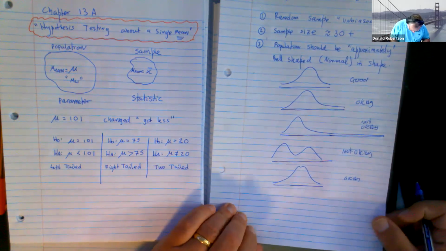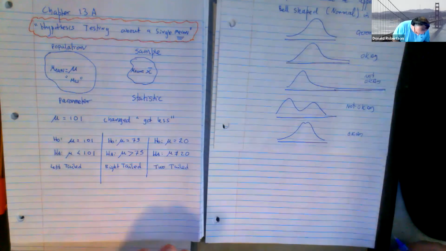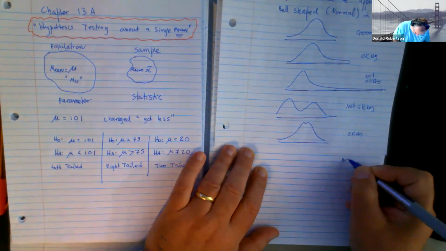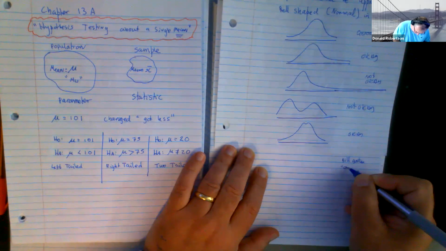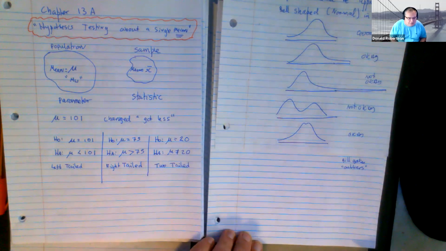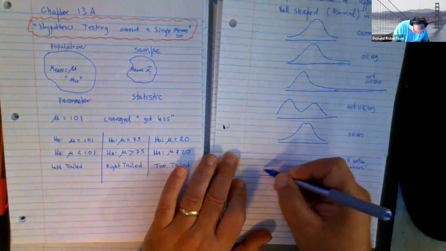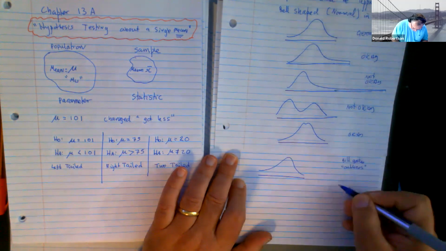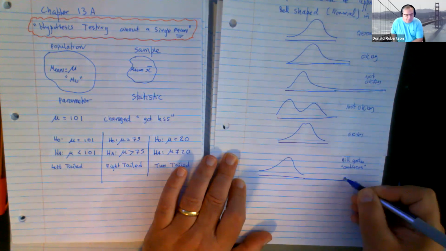Right. And the last one is Bill Gates. Actually, outliers. Can you imagine that you had your sample, and there's Bill Gates, just on his lonesome?